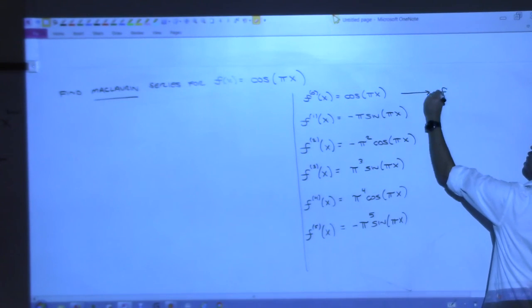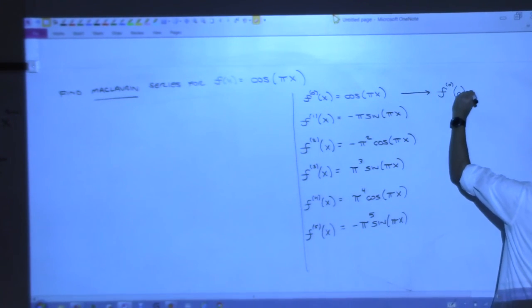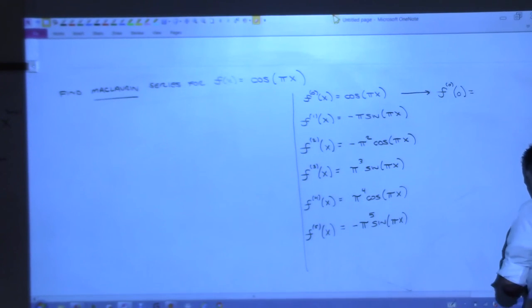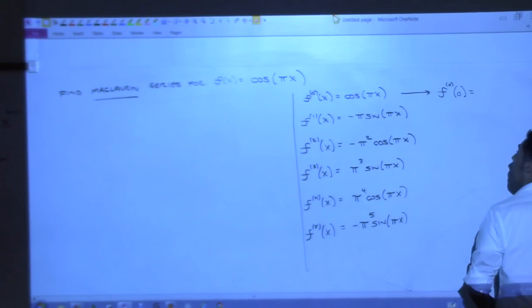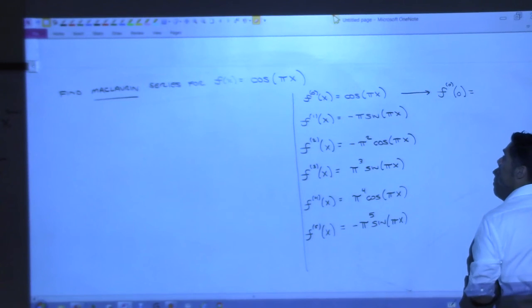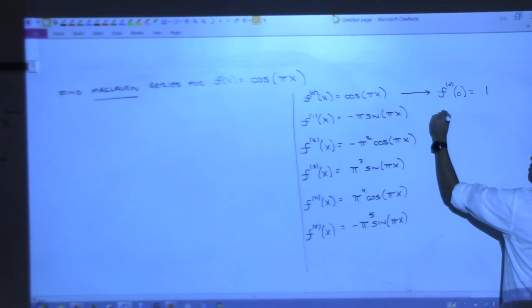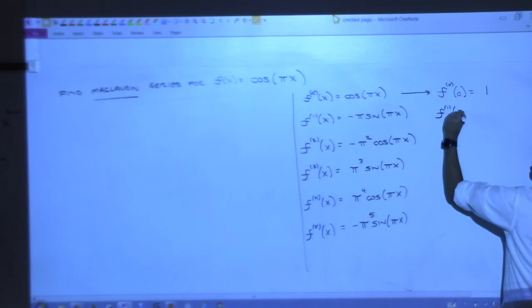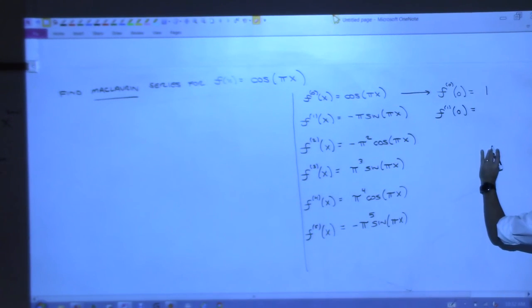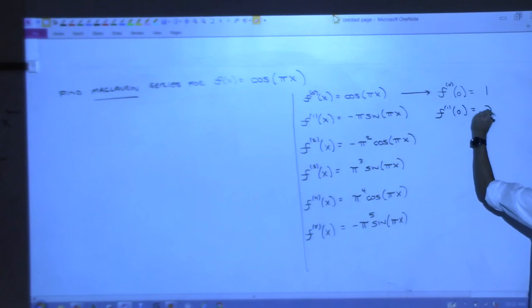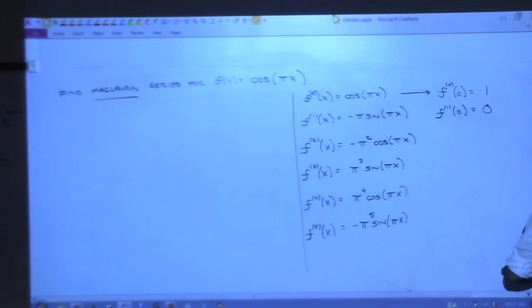So the 0th derivative at 0 is cosine of 0, okay, x to the 1. First derivative at 0. Well, it's a sine function, isn't it? So it's gone. Okay.